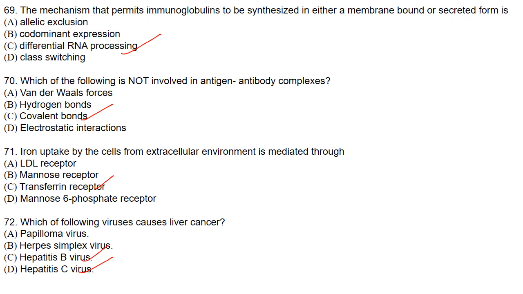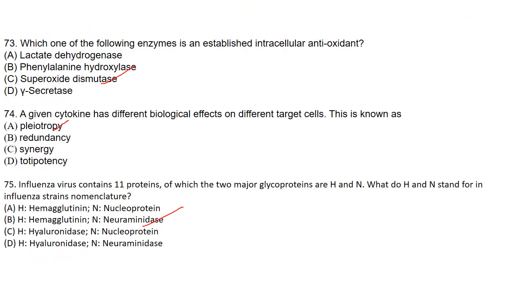So, hepatitis B also will cause, hepatitis C also will cause. So, both the answers are correct. Option C and D. Then, which one of the following enzymes is an established intracellular antioxidant? It is superoxide dismutase. Answer is option C.